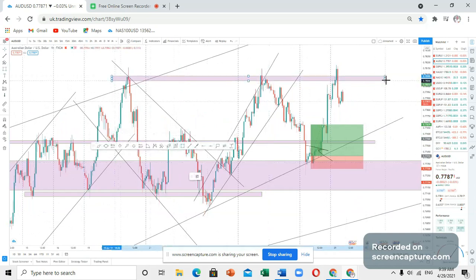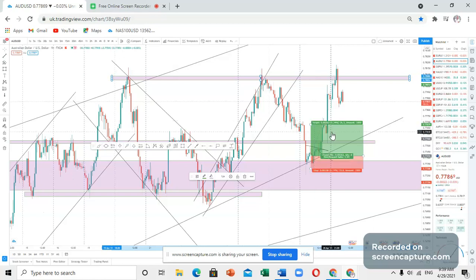We can see that this has proven to be a strong point of resistance in this position. I was expecting a breakout to the upside, but then it did not work out. So you can see that the markets have been moving in between these two regions. Let me take my pencil.